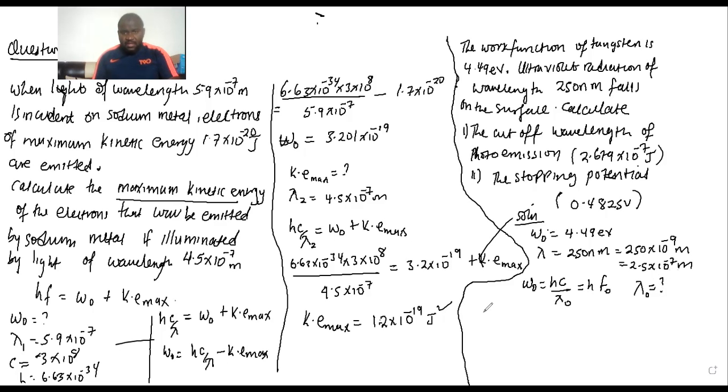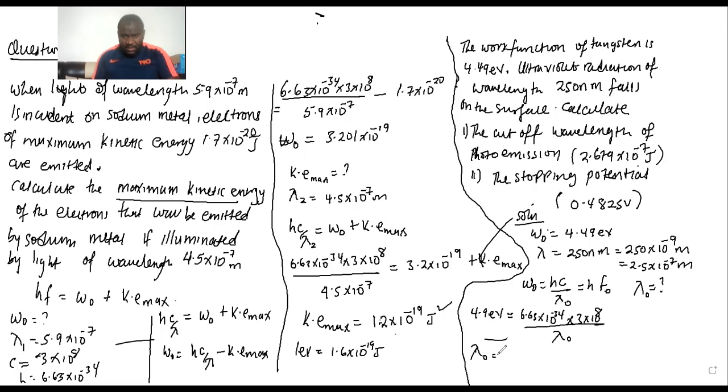So with that reason, because they have given us the work function, which is 4.9 electron volts, it will be equal to 6.63 times 10 power negative 34 times 3 times 10 power 8 divided by lambda naught. But we need to convert the eV. Remember, 1 eV is equal to 1.6 times 10 power negative 19 joules.